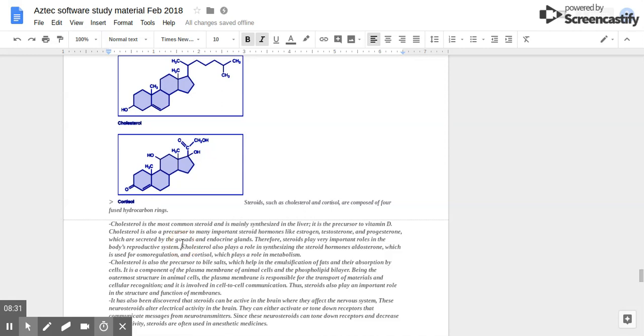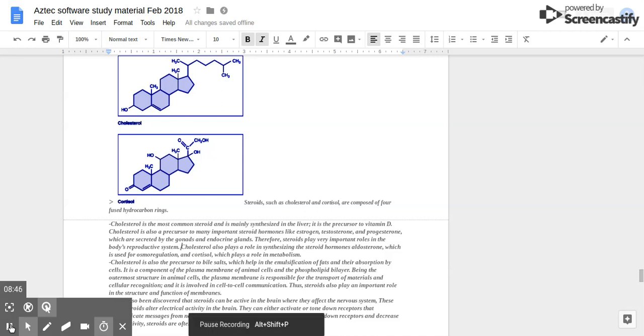They play a role also in synthesizing hormone called aldosterone, which is a steroid hormone used for osmoregulation, and cortisol, which plays a role in metabolism. Cholesterol is also the precursor to bile salts, which help in the emulsification of fats and their absorption by cells.